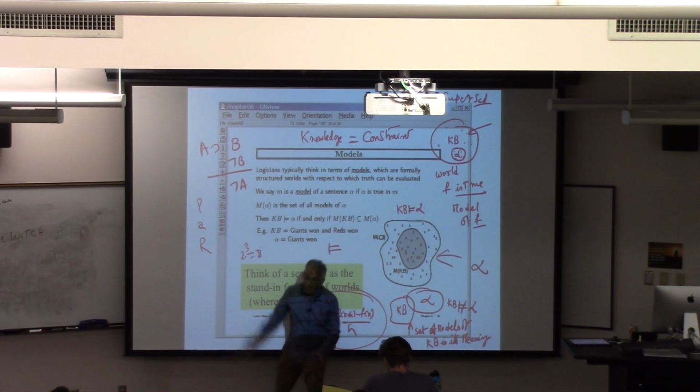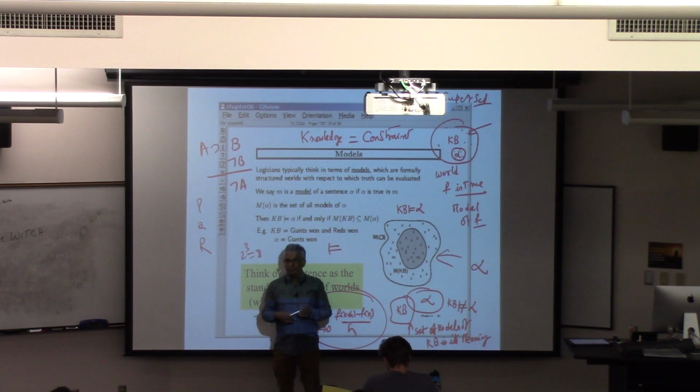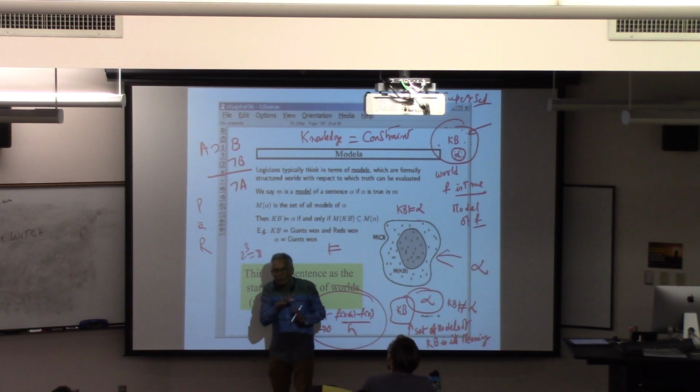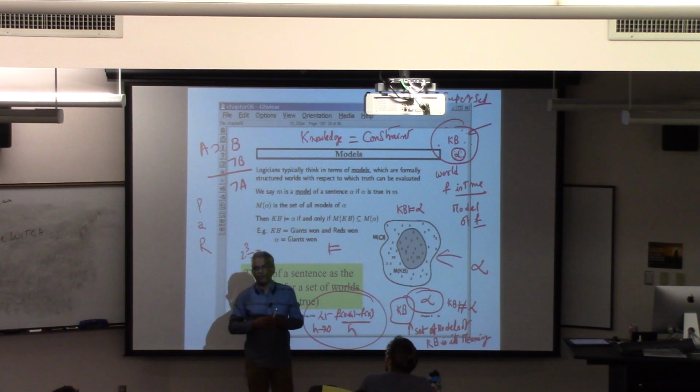If A were true, B would automatically become true, because you can't stop it. You see what I'm saying? This is not some sort of a process. As soon as A is true, in every world where A is true, B will be true. That's what A implies B means. And so if B is not true, then A could not have been true.